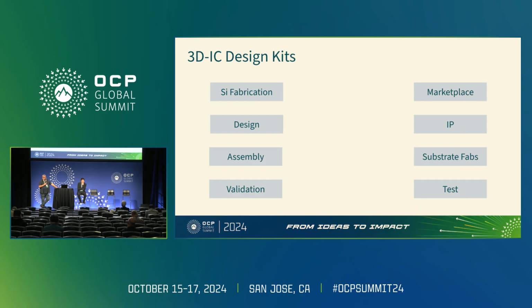We have the silicon foundries, designers, IP providers, chiplet providers, substrate fabs, and test. All of these different players need to be able to talk to each other, to exchange rules, parameters, and data in general.